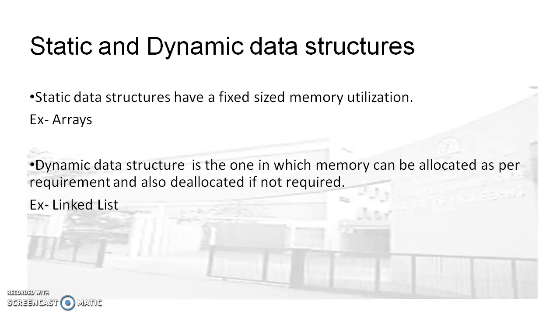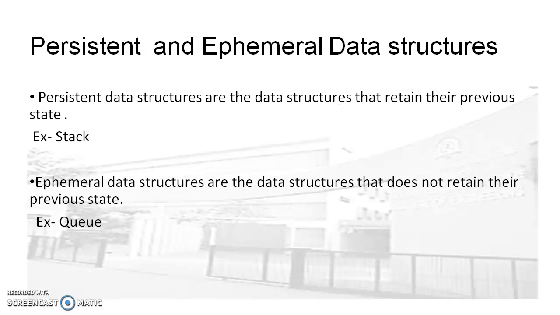And if it is not required, the deallocation of memory can also be done. So dynamic data structures are more memory efficient. The memory size is not fixed. It is as per the requirement of the application or the user that memory will be allocated and deallocated. The classic example of a dynamic data structure is the linked list, in which nodes are created as per the user's requirement, and after use, the nodes are also deallocated or freed or removed. So that is the classification of static and dynamic data structures.